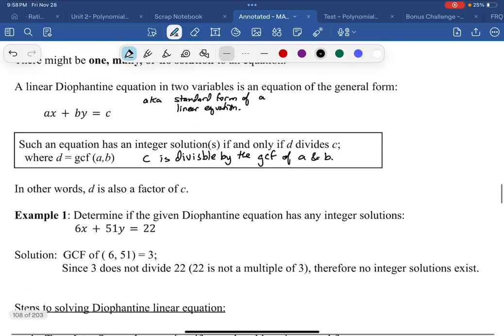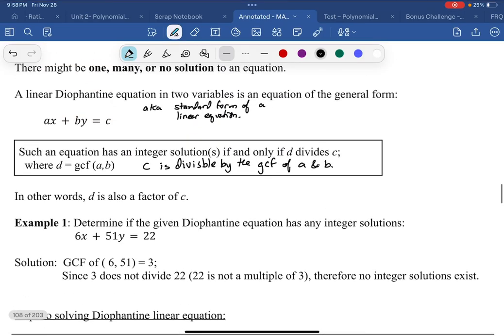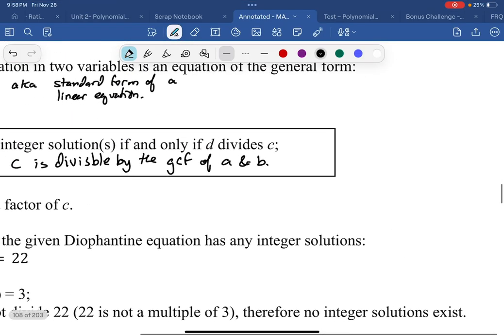So before getting into the printed example one there, I'll just do a quick side example. Let's say you have 3x plus 4y equals 24.